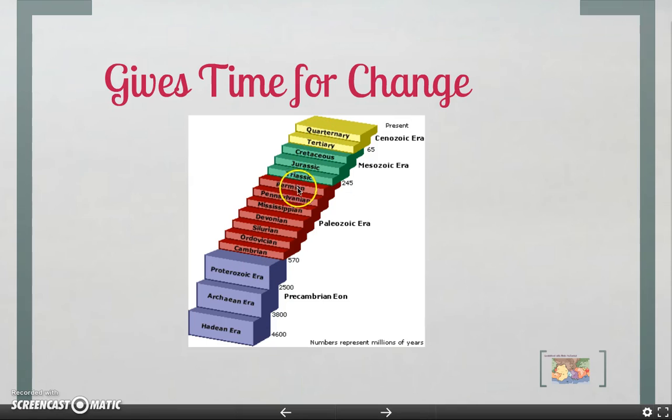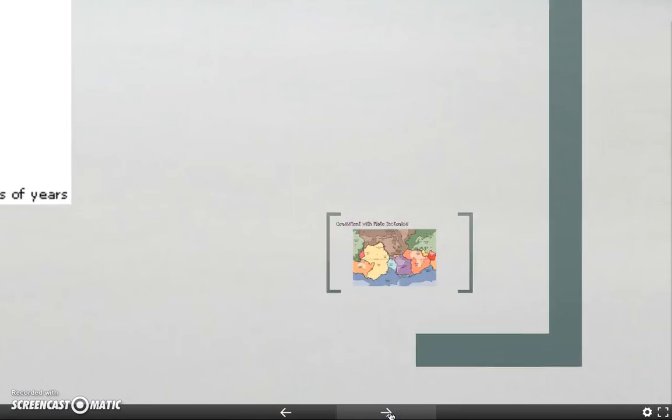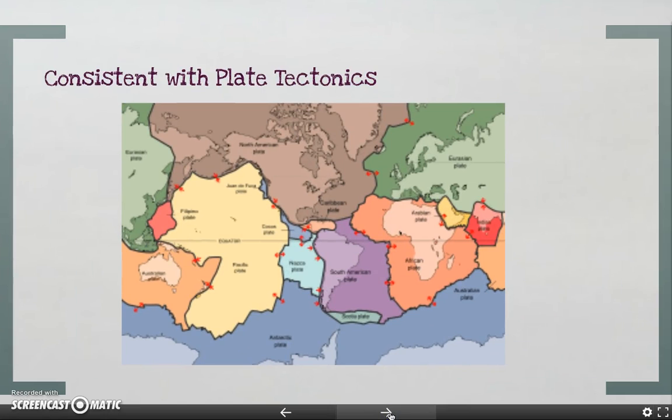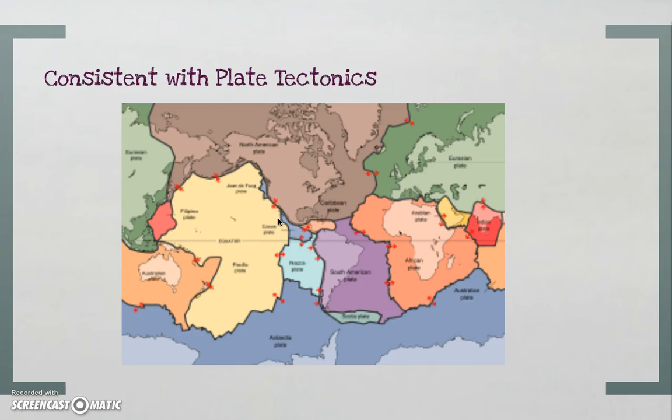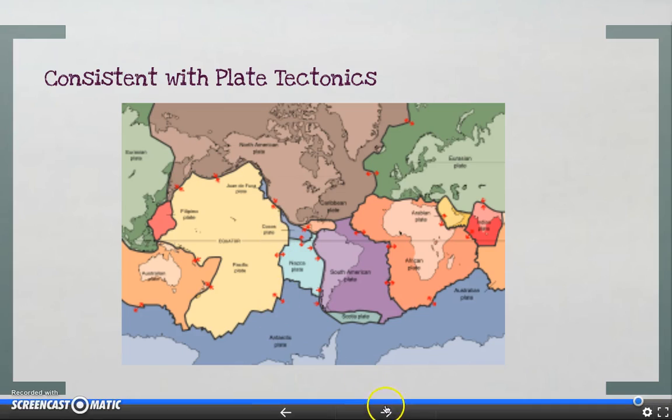Plenty of time for all of this evolution to have occurred. Finally, we have evidence from plate tectonics that we will be discussing later on this year that shows that this evolution is consistent with how the different continents have moved around over time.